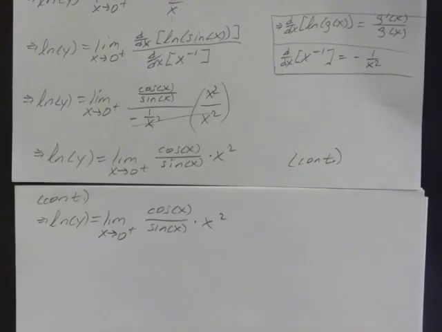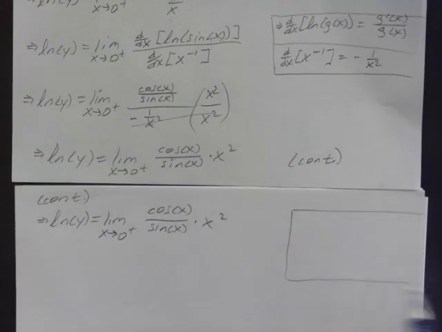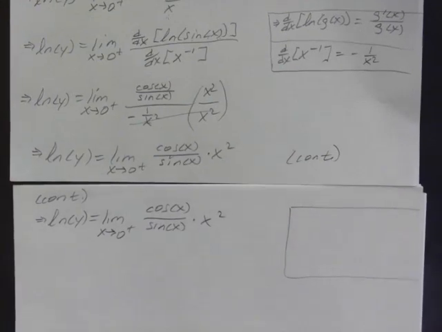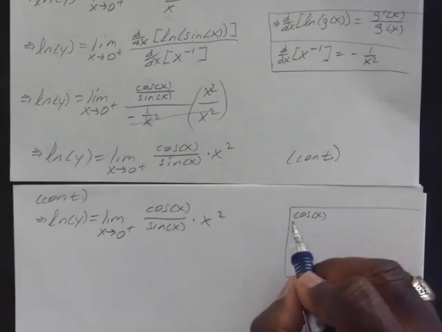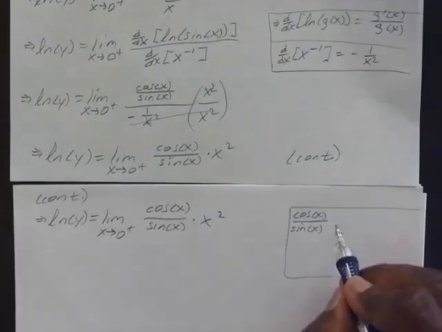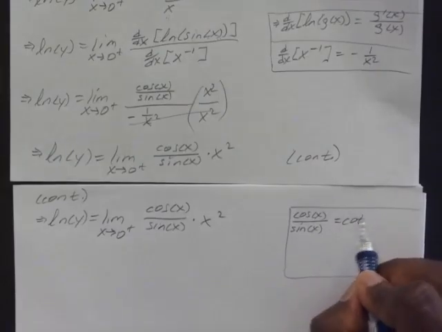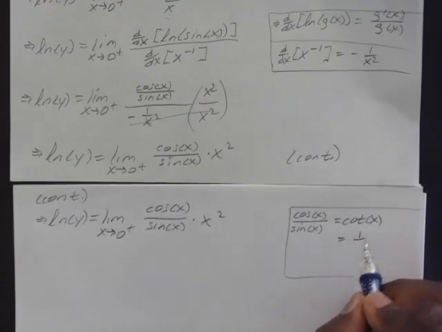Okay. Well, like cosine of x divided by sine of x, we can actually simplify that a little bit. Because we know that cosine of x divided by sine of x, that's just cotangent of x. And cotangent of x is just the reciprocal of tangent of x.